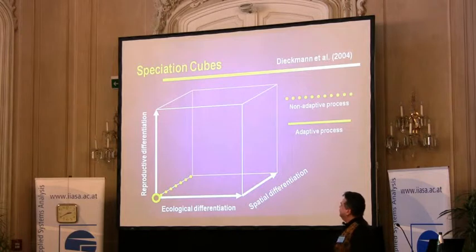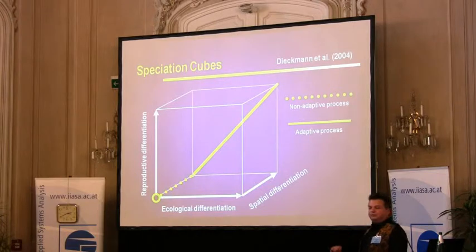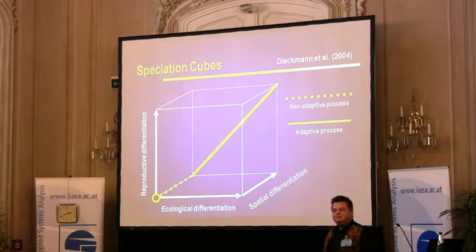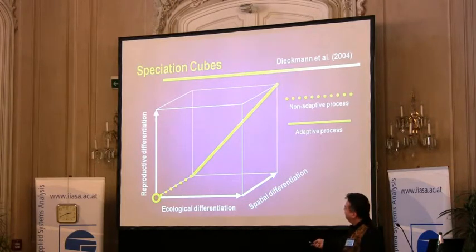So that could be vicariant speciation, or it could be peripatric speciation. Any kind of allopatric speciation starts like that. And now it can continue, let's say, by local adaptation, which pleiotropically brings about reproductive isolation, and that is indicated by this line here. So we get increased ecological differentiation because of the local adaptation to different habitats, and that entails reproductive differentiation.